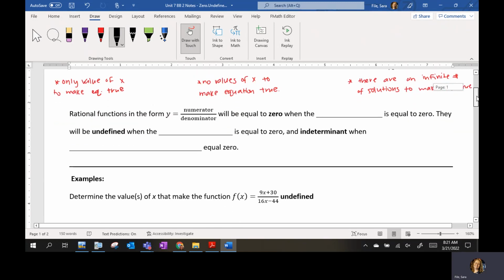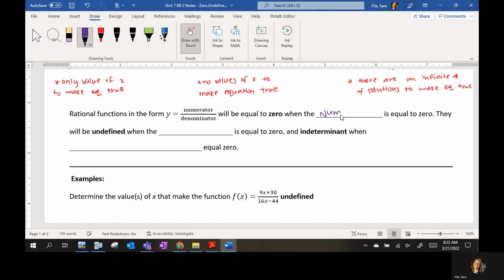So when we look at rational functions, rational functions have a numerator and a denominator, like the parent function y equals 1 over x that we've been working with. So if you have y equals some numerator over some denominator, this will be 0 when the numerator is equal to 0.